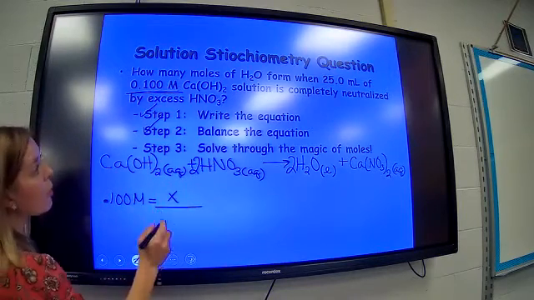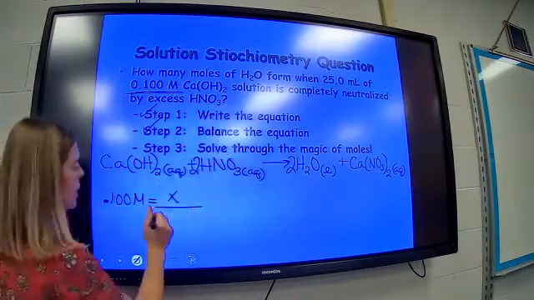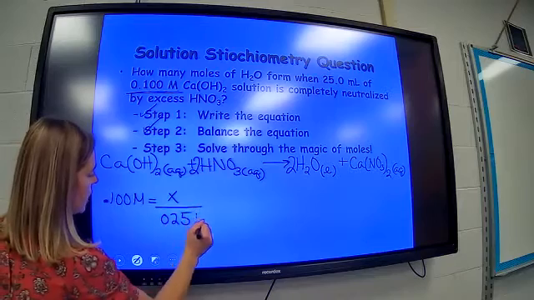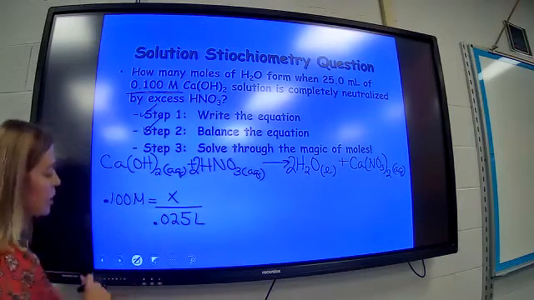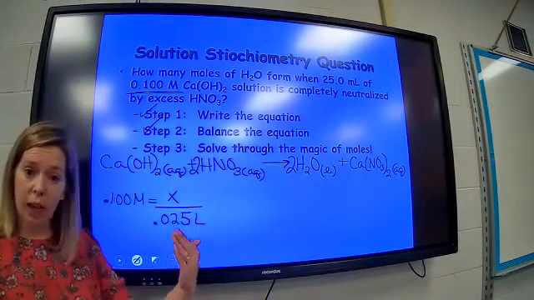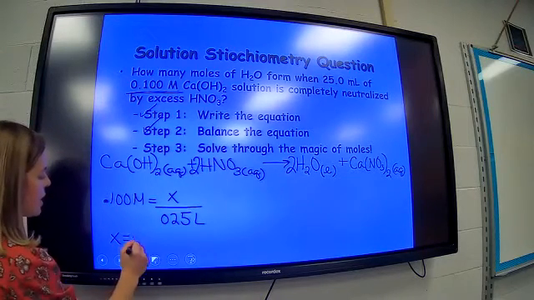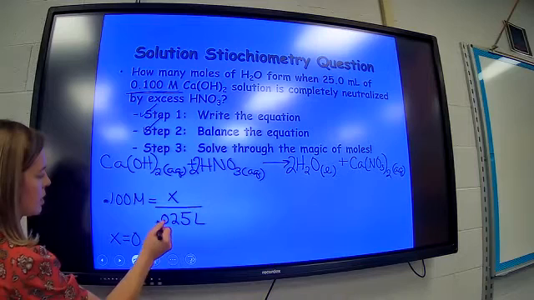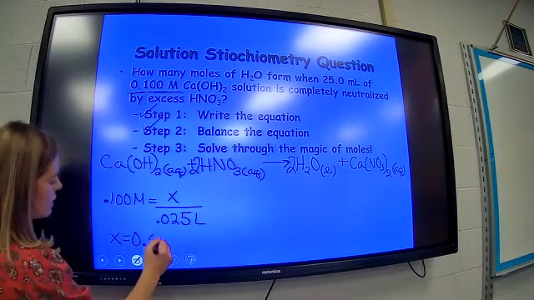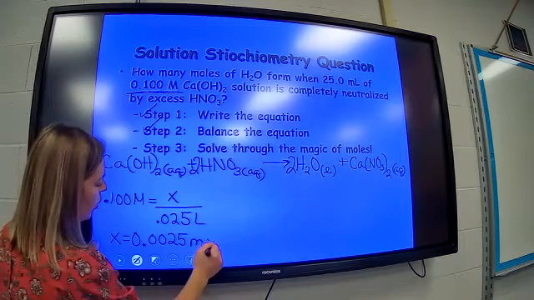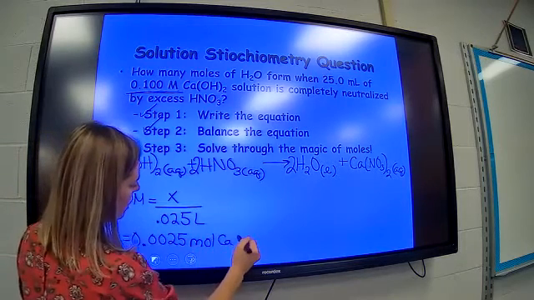So I can solve for moles because I have 25 milliliters, so that would be 0.025 liters. Remember, the molarity equation has to be in liters, so we have to convert. All right, so we do our math, and that would give us 0.0025 moles of calcium hydroxide.